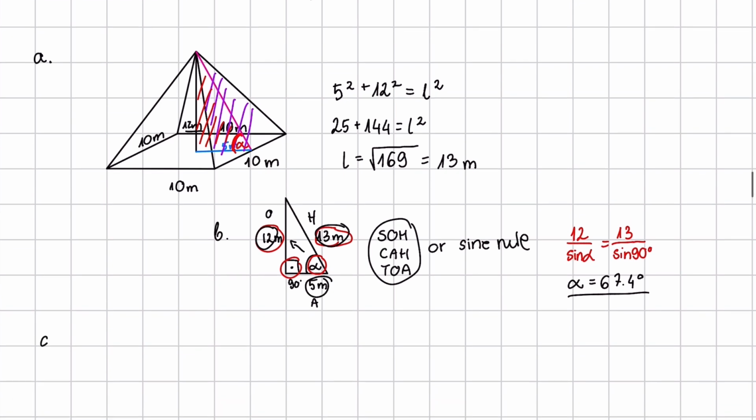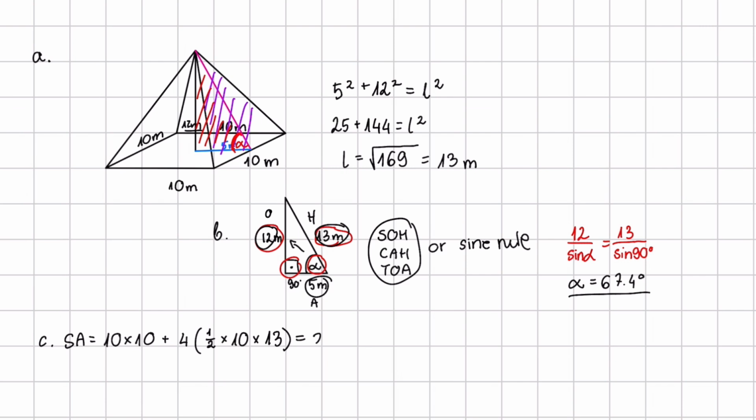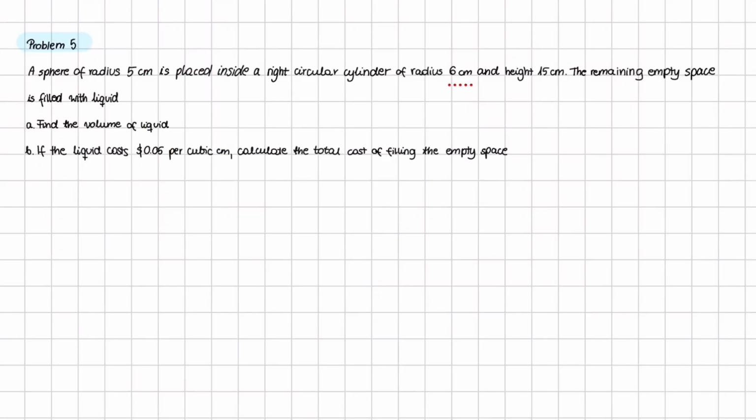So now point C. The surface area is our base, so 10 times 10 because it's a square base, plus 4 times the formula for a triangle, so 1 over 2 times A, so 10, and times H, so 13, and we have to calculate it. And this is 360 meters squared.